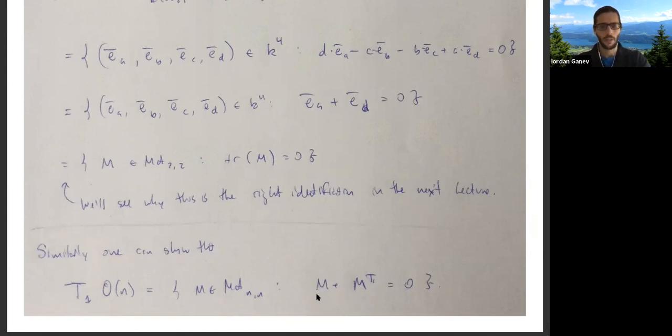And the tangent space can be identified with matrices such that if you take the sum with the transpose, you get 0. If you proceed along the same lines that we just did with SL2, then it should be fairly clear. Maybe I'll ask Shivi to go over this computation in the TA session.